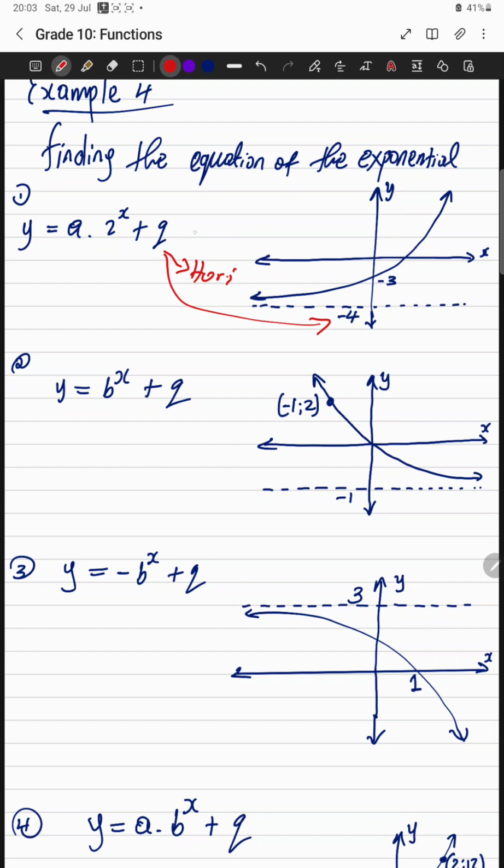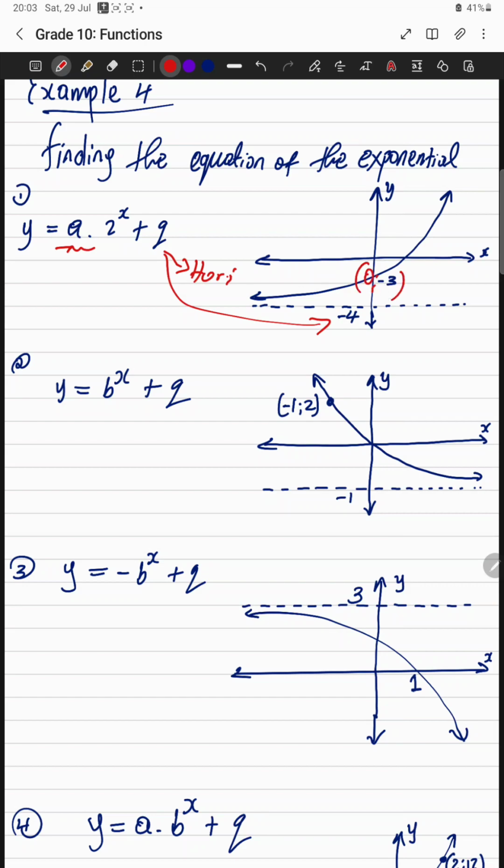So that means q is equal to -4. And then the next thing is to solve the value of a, which now we are going to substitute with -3. That is the coordinates here. It is (0, -3).